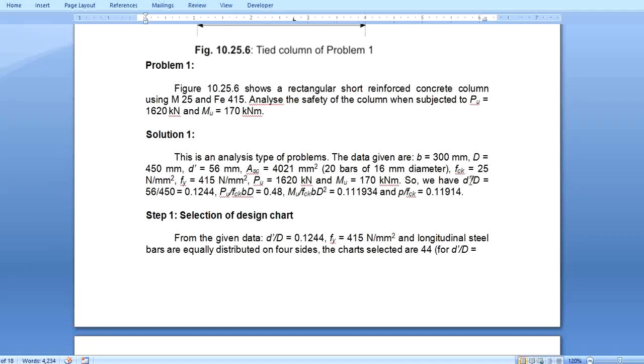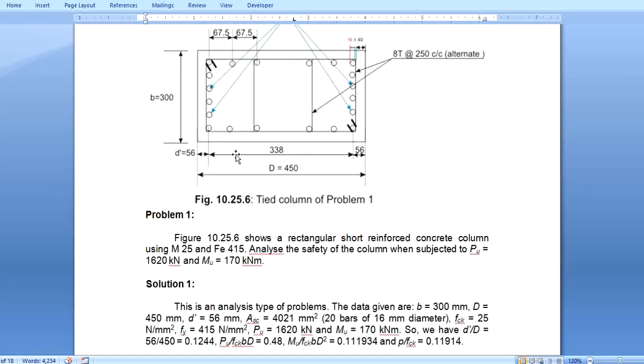So we have D dash divided by D is equal to 56 divided by 450. How did I obtain this data? 56 comes from the cover. The clear cover is 40, plus half of the diameter on this side and half of the diameter on that side. Why am I considering 8 here?